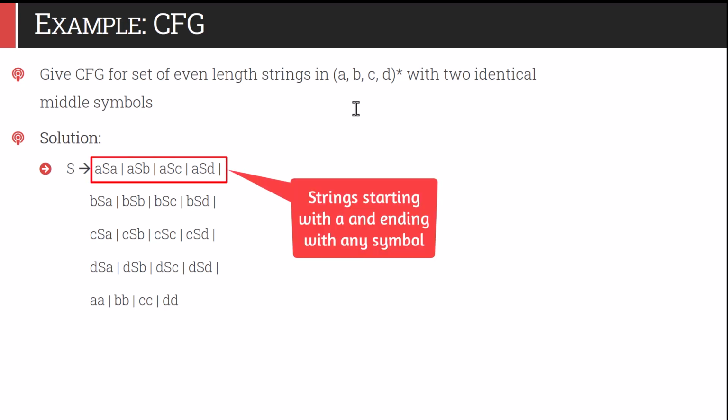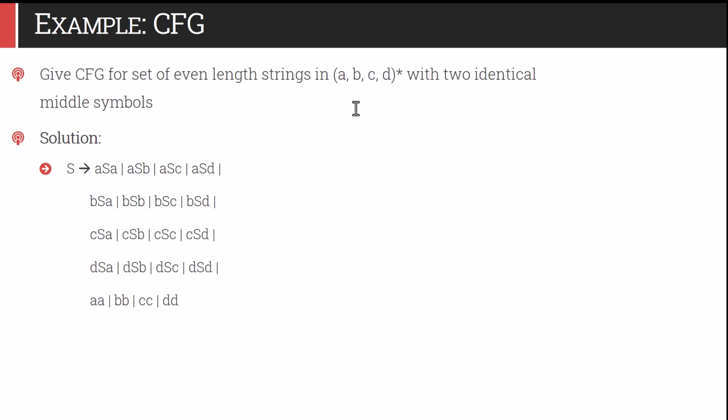S gives ASA, ASB, ASC, ASD. Because our string can start with A, end with A, B, C, D. Same way, our string can start with B, and it can end with A, B, C, D. Same is true for C, same is true for D.